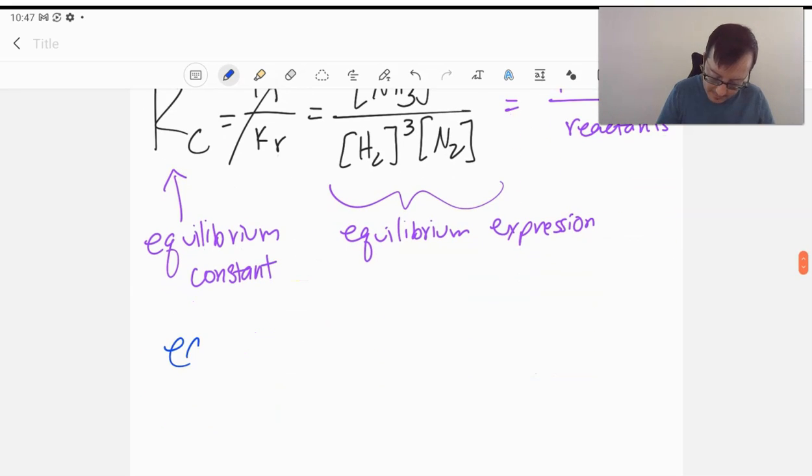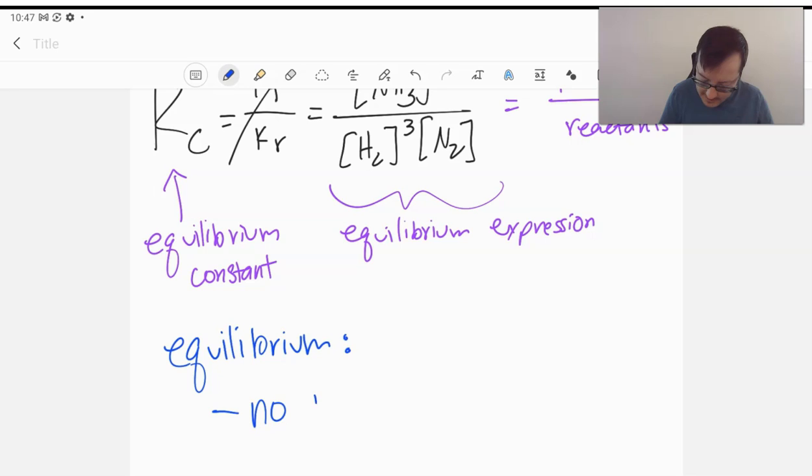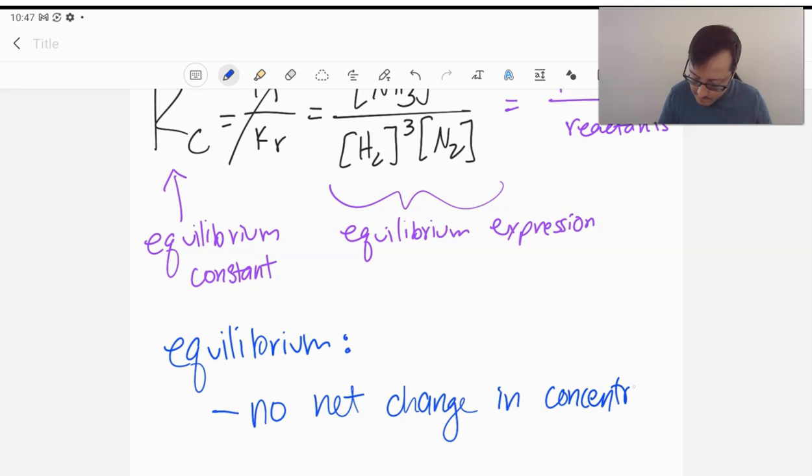So equilibrium is where we have no net change in concentration of any of our components. So no concentration is changing. Just like in the water tank, the water level doesn't change.